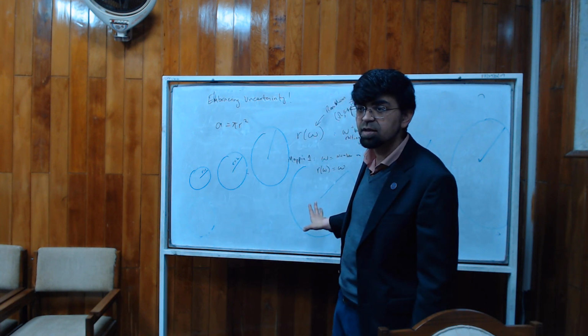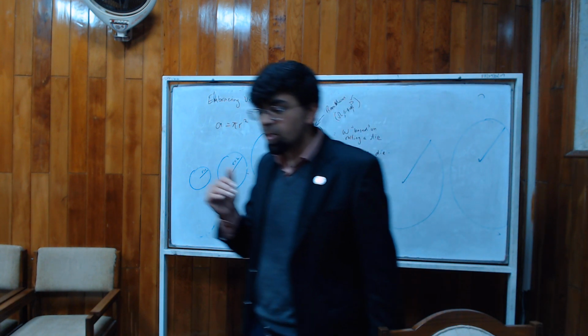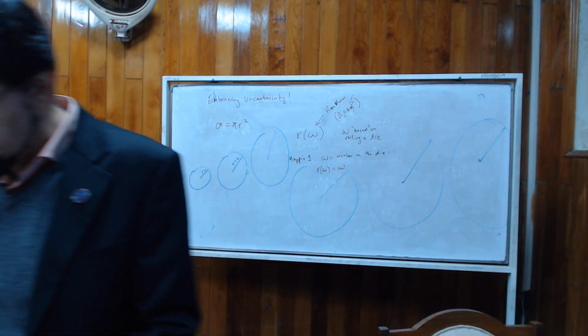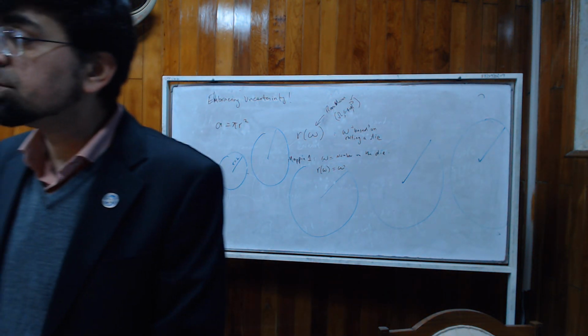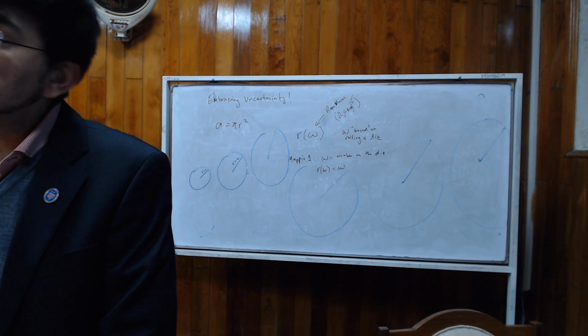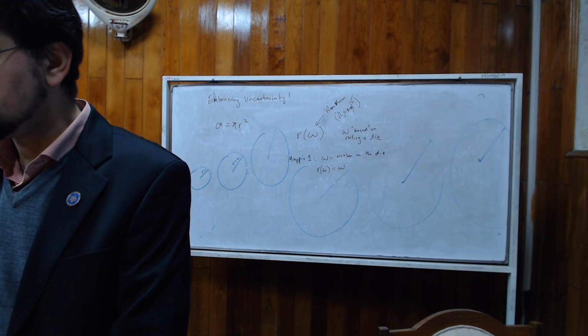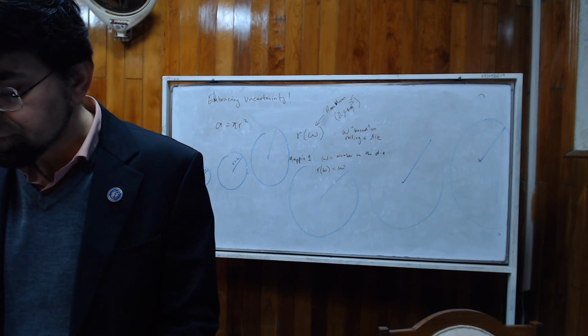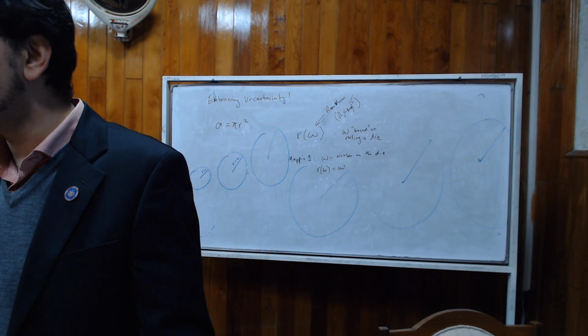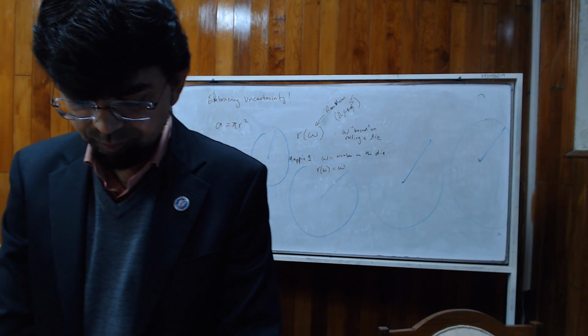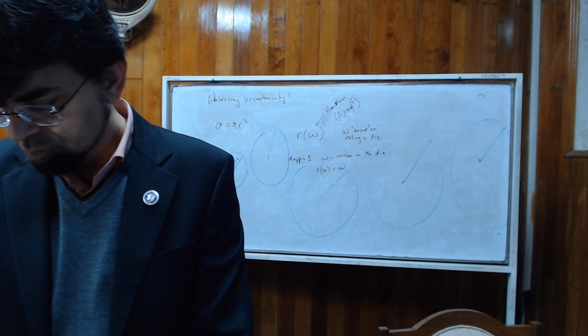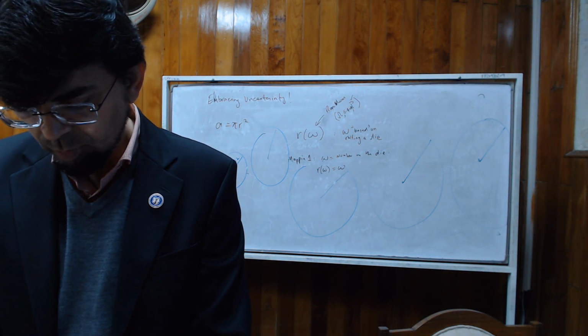In the beginning you didn't know, right? So once the outcome is available, the value of the random variable becomes fixed, and we call that one realization. I will come back to this term when we go to random processes. It will become important.